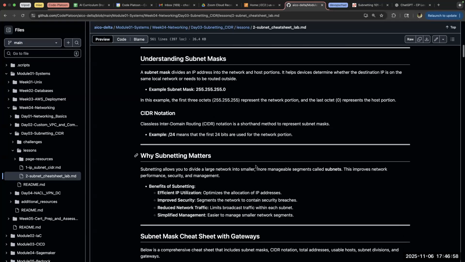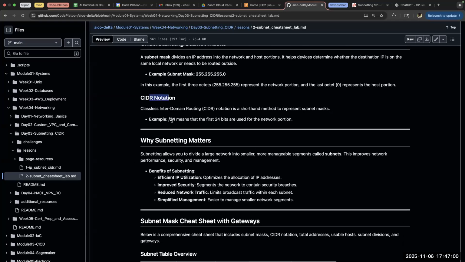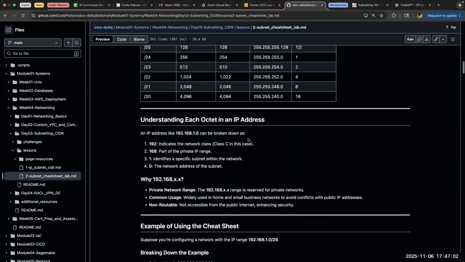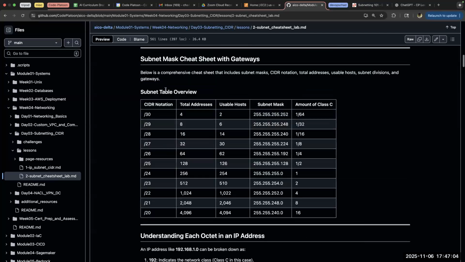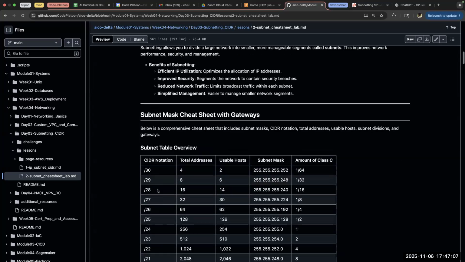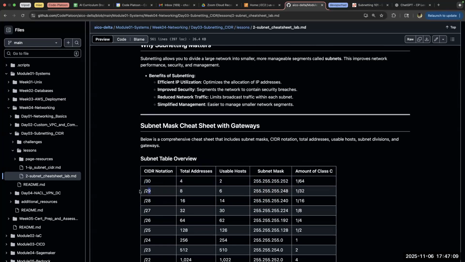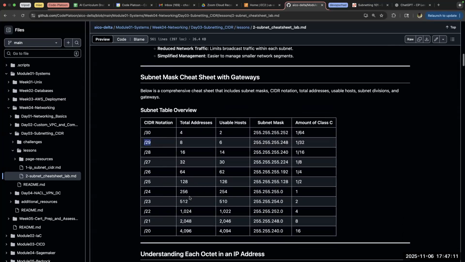CIDR notation is whenever you see this slash. These are all CIDR blocks. Very, very confusing stuff to me when I first started. But your average network is a /24.